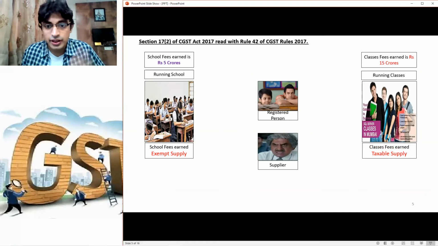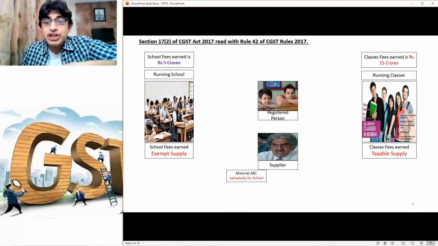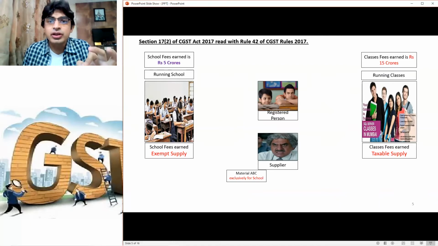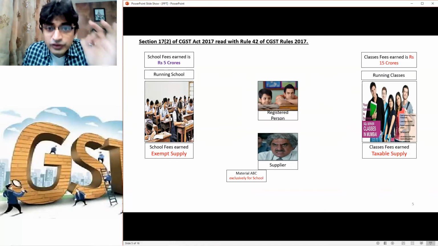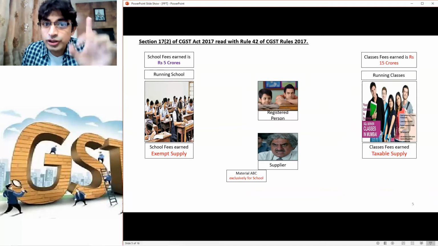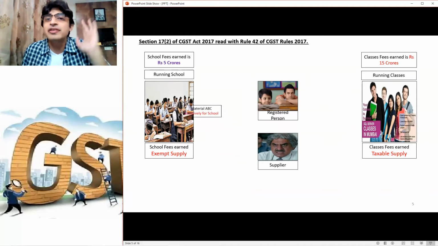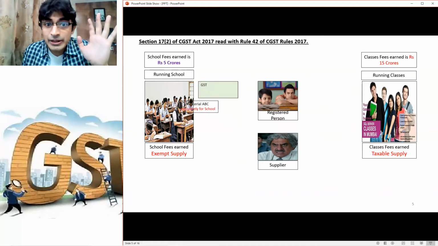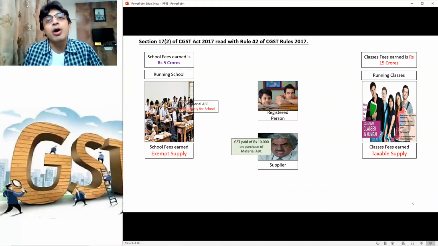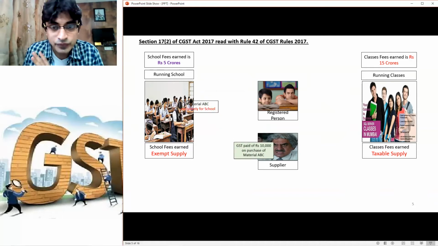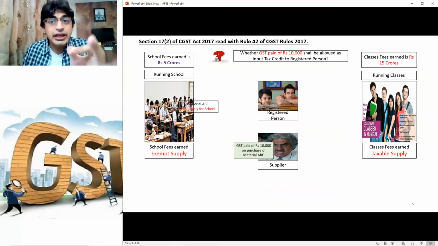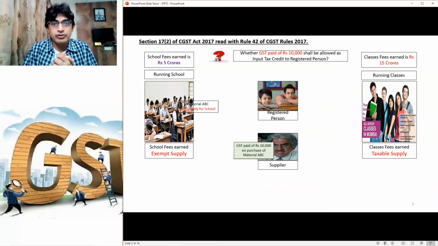Now think and answer. Suppose from this supplier, Mr. Amir purchased material ABC exclusively for school. That means exclusively for exempt supply. Mr. Amir paid GST of rupees 10,000. GST was applicable. Will Amir get input tax credit of this 10,000?